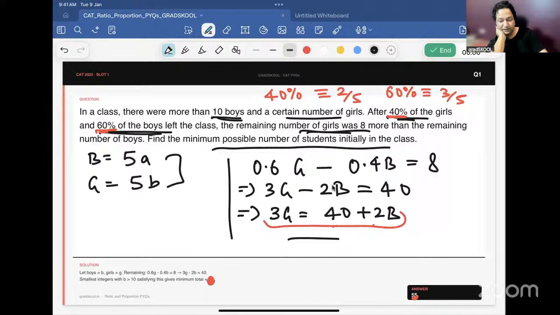They should be multiples of 5. B is 25 and G is 30. Yes, that's right. That's absolutely right, Aditya. Others also do it.